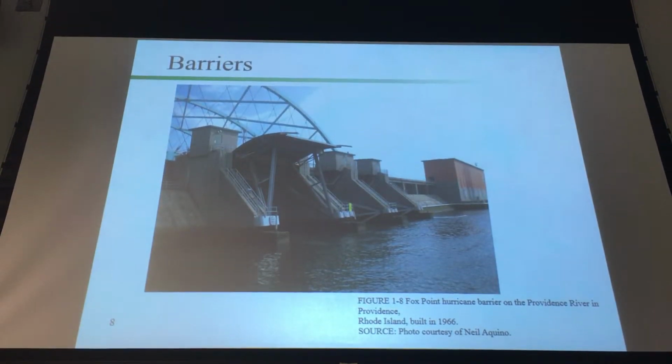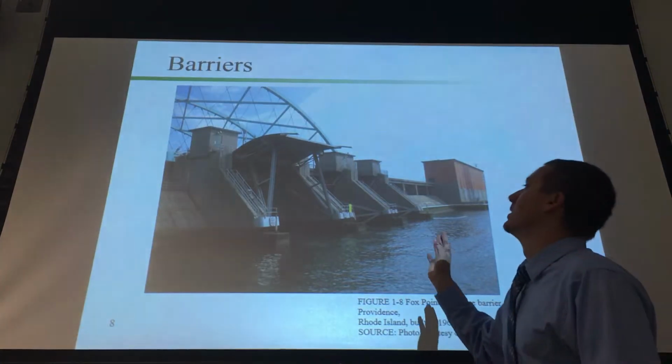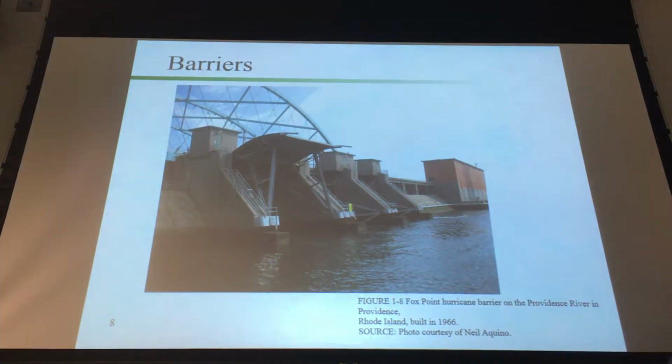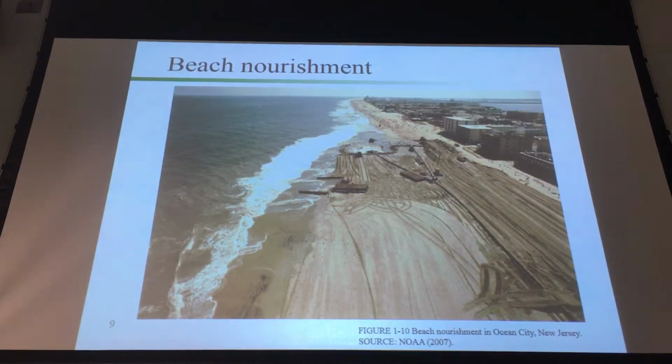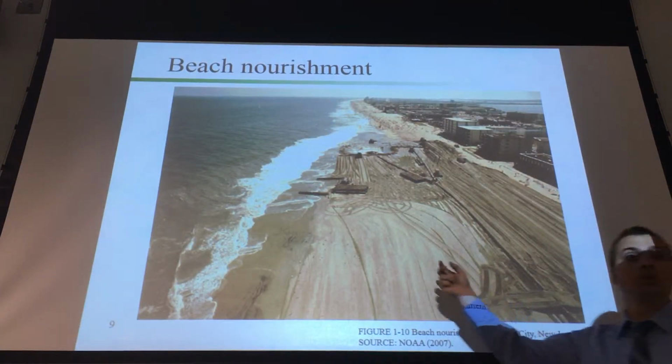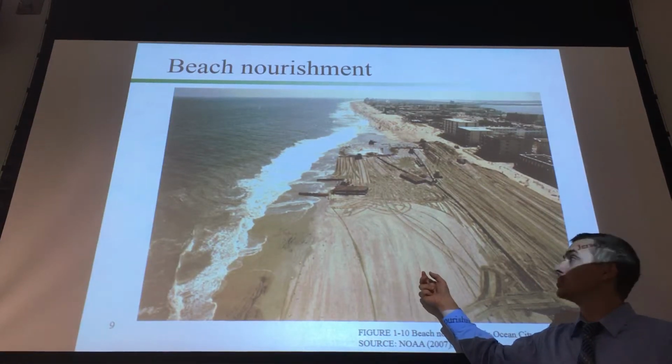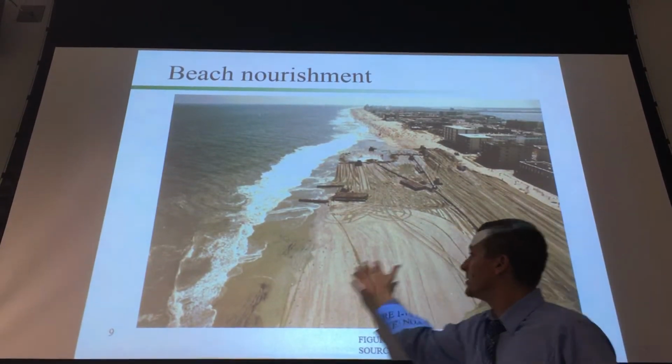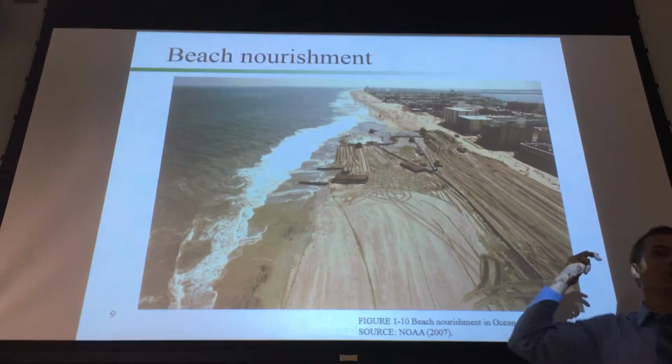Surge barriers, those are huge. Those are usually to close a place where you have water flux. Beach nourishment. We do this all the time here. Very common on the East Coast. So we enlarge our beach area to prevent the water from getting to the buildings.